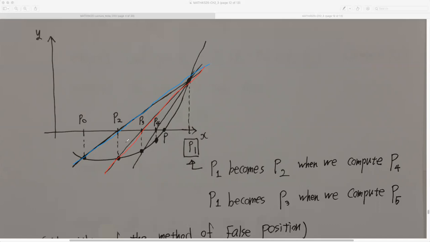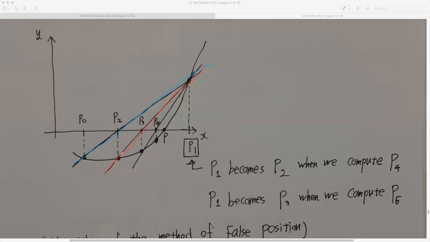Now we're going to find P3, which is the x-coordinate of that secant line. And then f of P3 is negative, right? Now see, f of P2 and f of P3 are both negative, right?